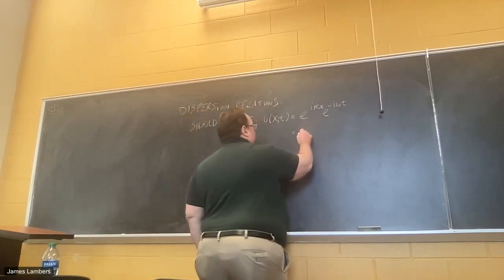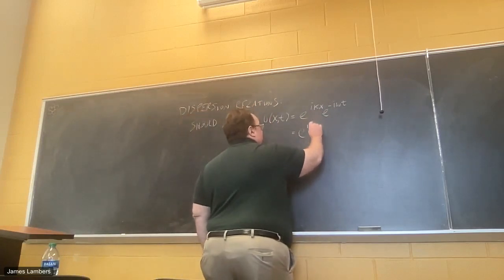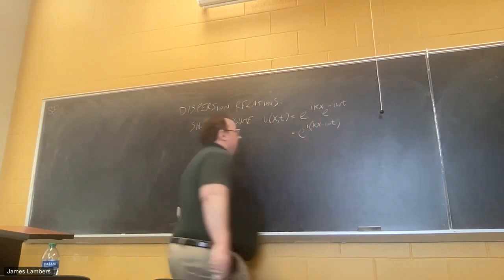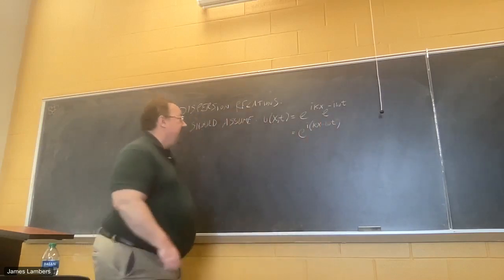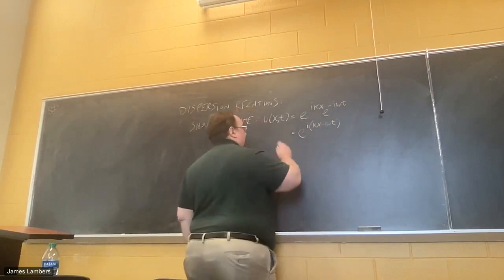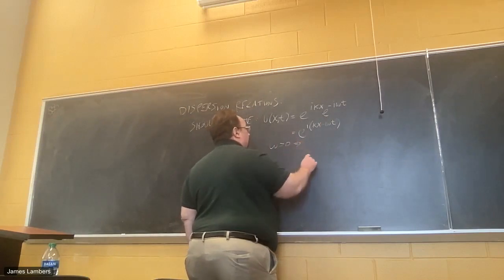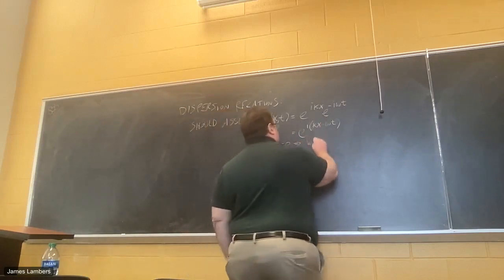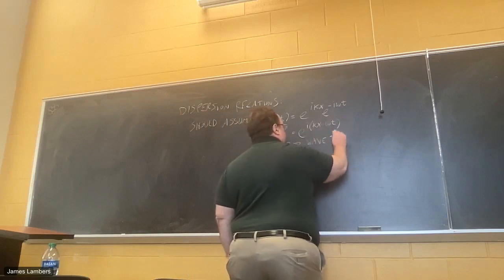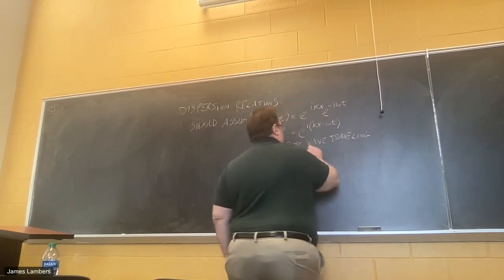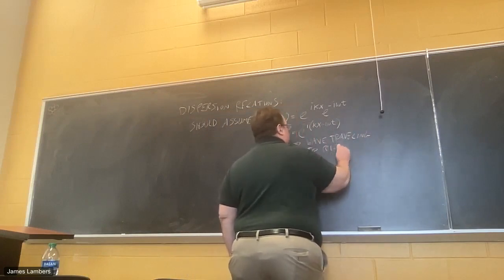So if I write it this way, e to the i (kx minus omega t), thinking of it as one exponential, then the idea is that if omega is positive, this wave function is traveling to the right. So that would be one reason.